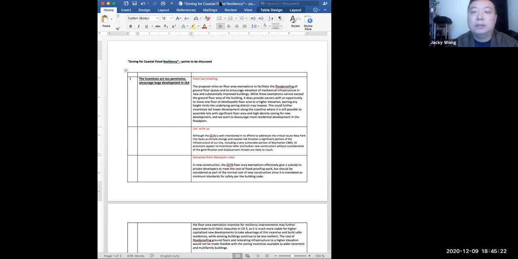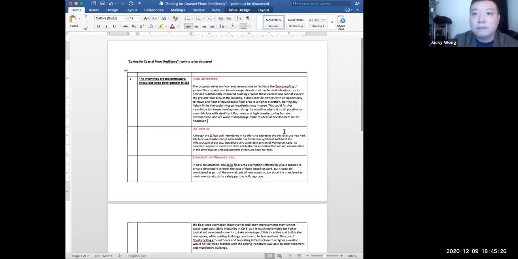So I think one of the concerns we have from last meeting is that we thought these zoning changes would incentivize and encourage large new development in our district. And I guess most of the concern would be, for example, the Two Bridges area and such.